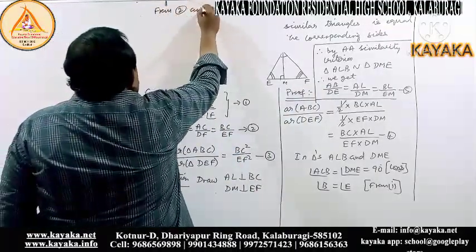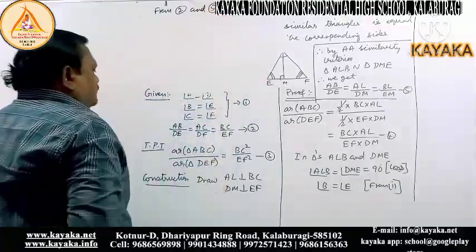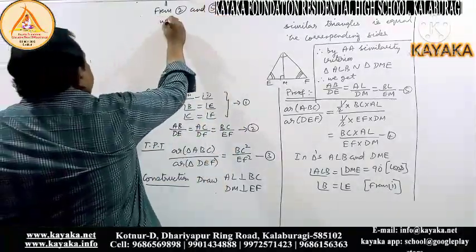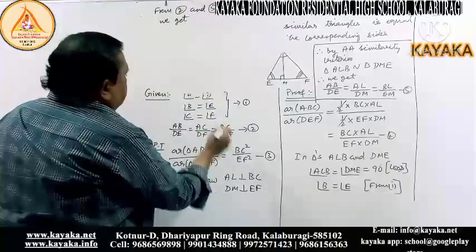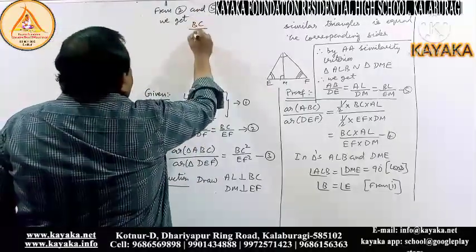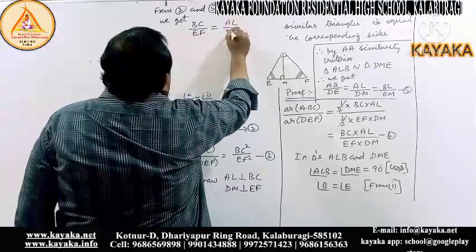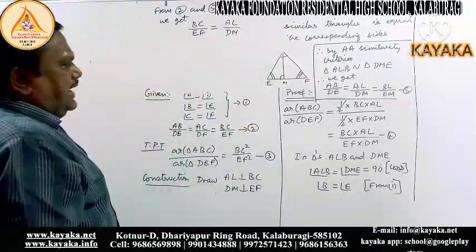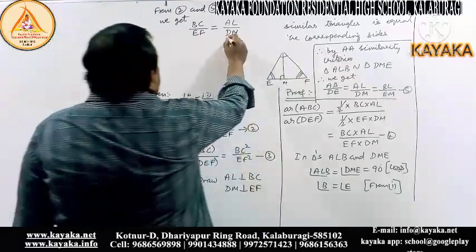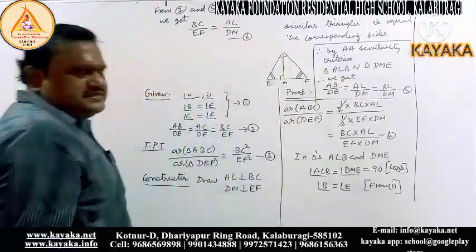From 2 and 5, we get this BC by EF will be equal to AL by DM. You can mark this as 6.